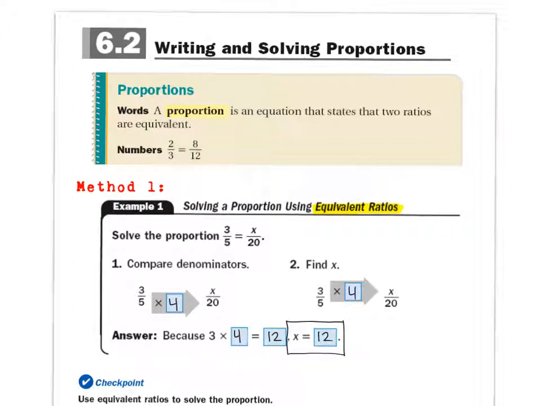You have found what x is. And what this means is that 3/5, this ratio, equals 12 over 20. And this here that we've just written now is a proportion. Let's try this method a couple more times.